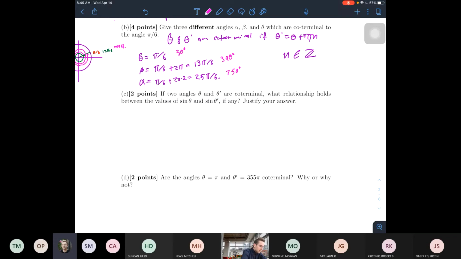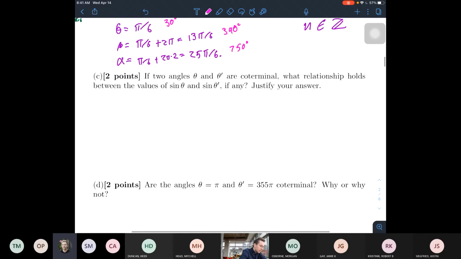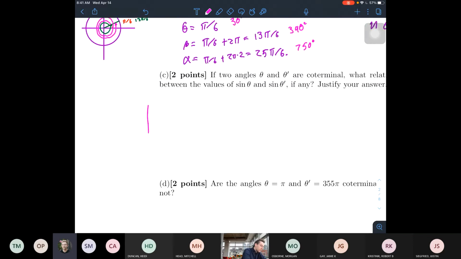And I kind of gave you a hint. I said that there is going to be some relationship holding between the values of sine theta and sine theta prime. So let me ask you guys, what do we think it is? If we have two angles, theta and theta prime, which are coterminal, what do we think is going to happen to the values of sine theta and sine theta prime?